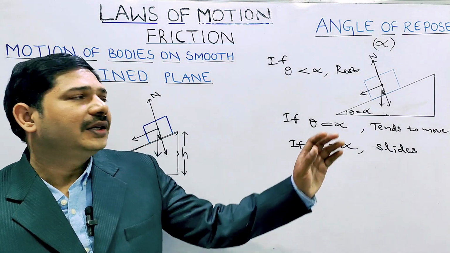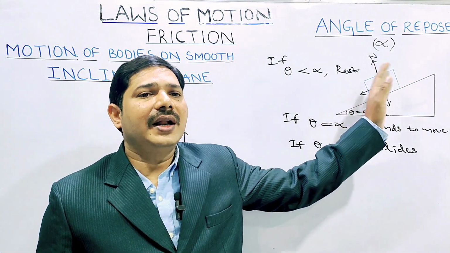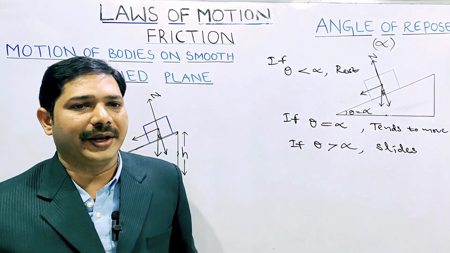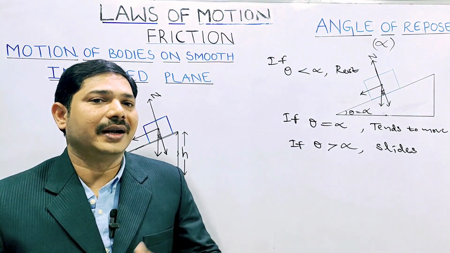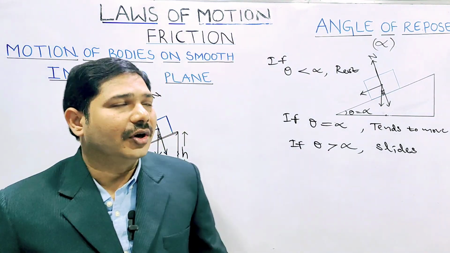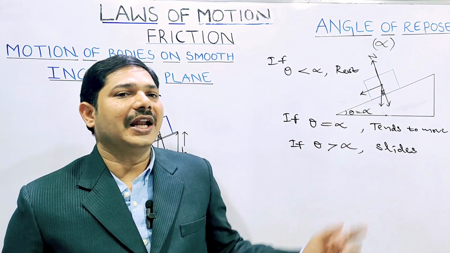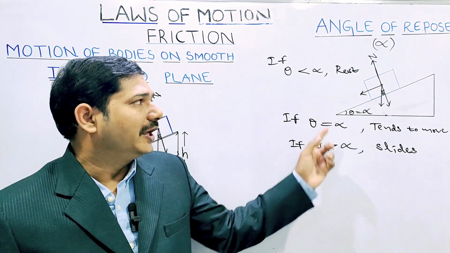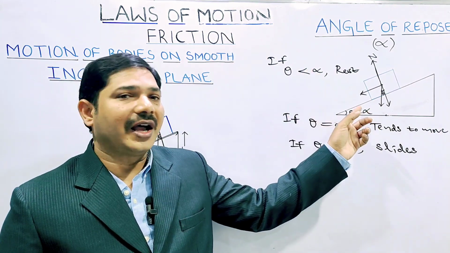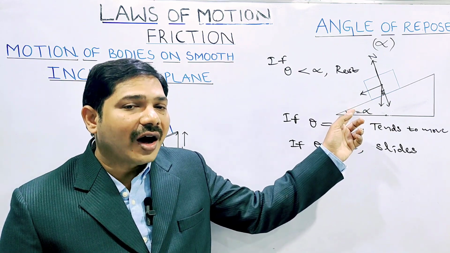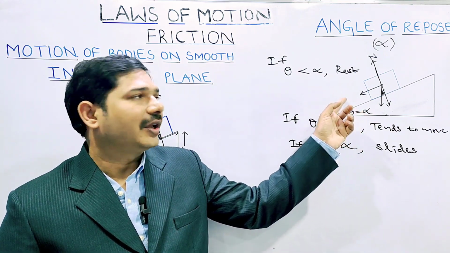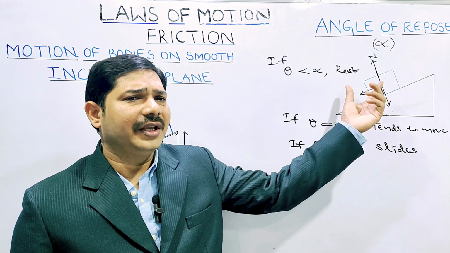It is nothing but the particular angle at which the body is ready to move on the inclined plane. The body does not move but tends to move. That angle is called the angle of repose. When theta, the angle of inclination, is less than alpha, the body is at rest, in equilibrium.